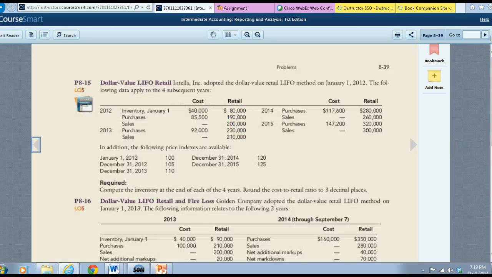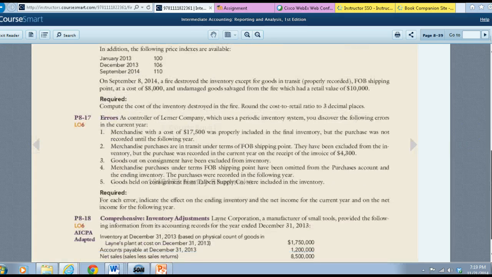Okay, errors. As controller of a company which uses the periodic system, you discover the following errors in the current year. Merchandise with a cost of $17,500 was properly included in the final inventory, but the purchase was not recorded until the following year.